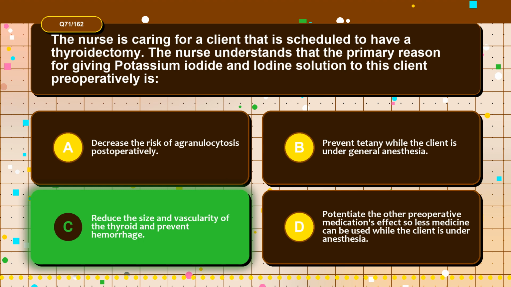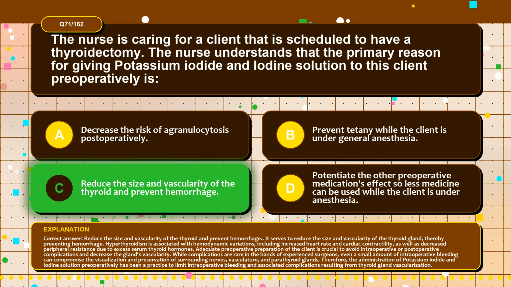The correct answer is option C. Reduce the size and vascularity of the thyroid and prevent hemorrhage. Correct answer. Reduce the size and vascularity of the thyroid and prevent hemorrhage. It serves to reduce the size and vascularity of the thyroid gland, thereby preventing hemorrhage.